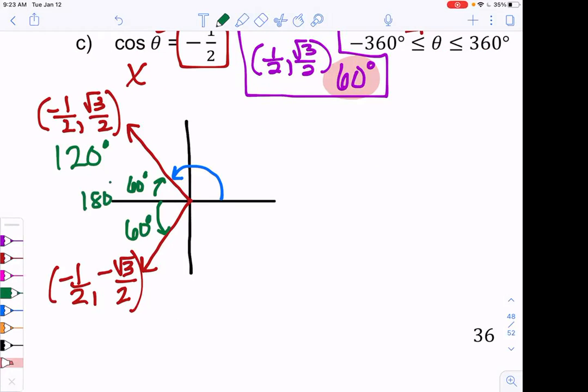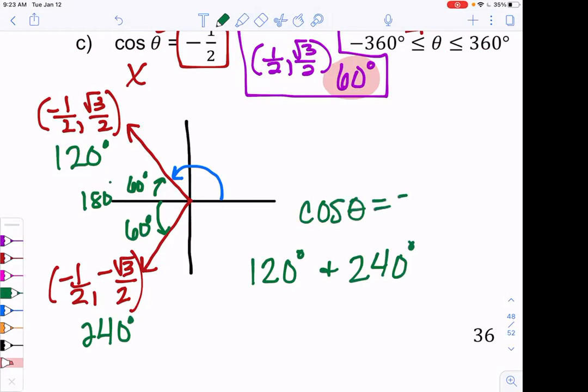My second quadrant angle was less than 180. The angle in the third quadrant has to be more than 180. So Cole, if I'm at 180 and I go 60 degrees more than it, we would be at 240. So my angle of 120 and 240 degrees is when the cosine is equal to -1/2. Questions?